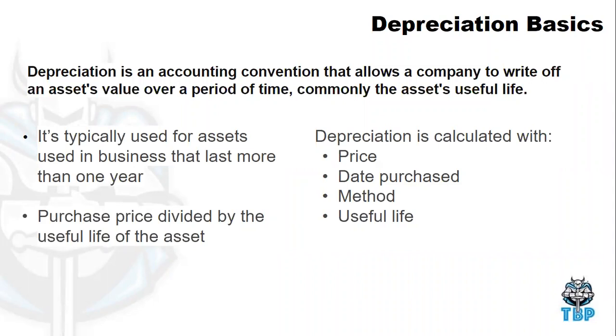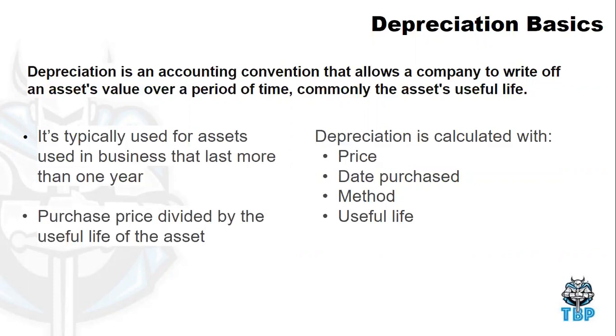Depreciation is calculated with 4 items: price, or what you paid for it, the date that you purchased, the method in which you depreciate, and there's multiple options that you can use, and what we call the useful life. Now, useful life is just a term for an amount of years that you get for an asset. The IRS determines a lot of these, and also accounting practice standards cover a lot of these as well. So it's very easy to look these up when you're depreciating things.